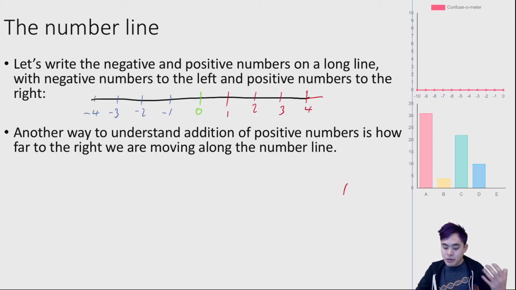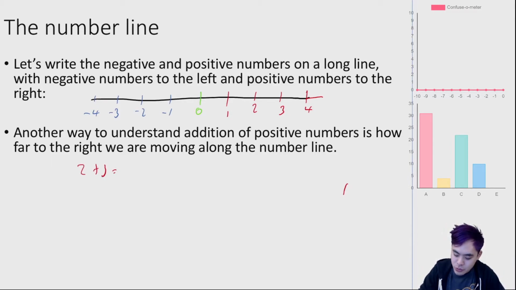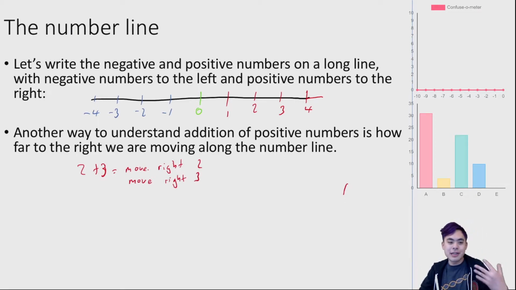Like we were saying earlier, another way to understand addition of positive numbers is how far to the right we're moving. I'm just repeating myself here, but this is one of the basic important concepts. So 2 plus 3 is move right 2, then move right 3. And we always start at the 0 point.